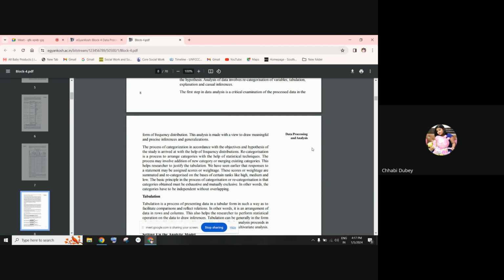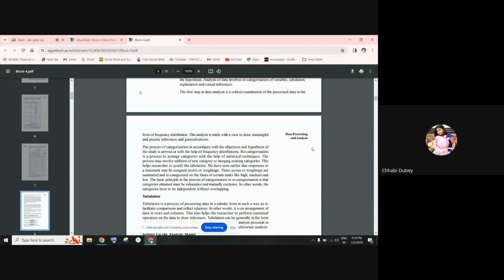The basic principle in the process of categorization or recategorization is that whatever categories are obtained must be exhaustive, and they must be mutually exclusive.